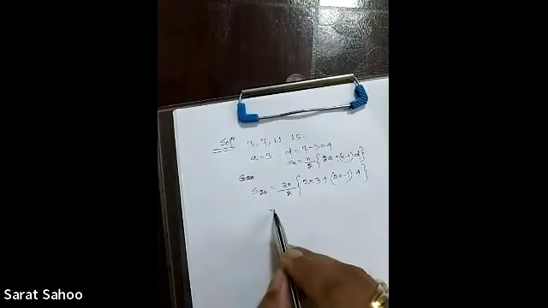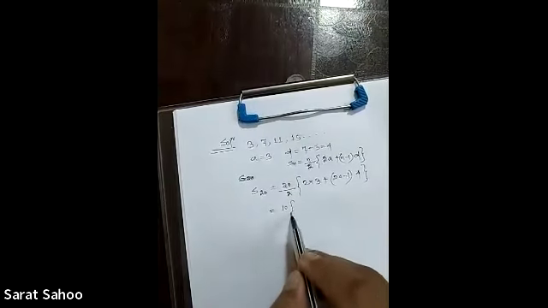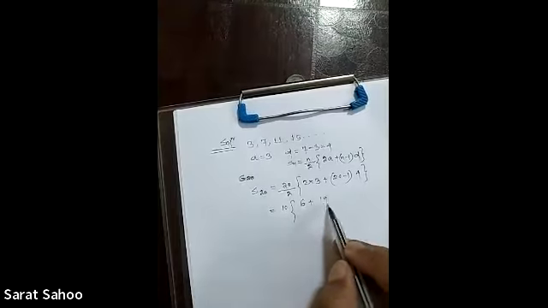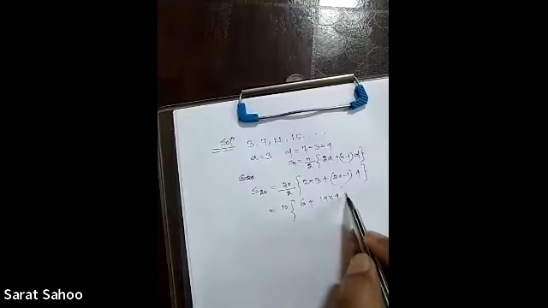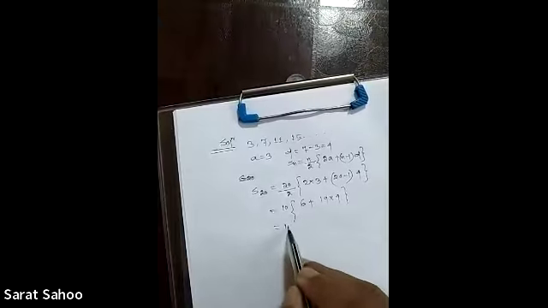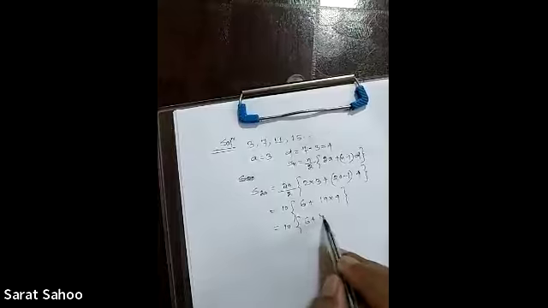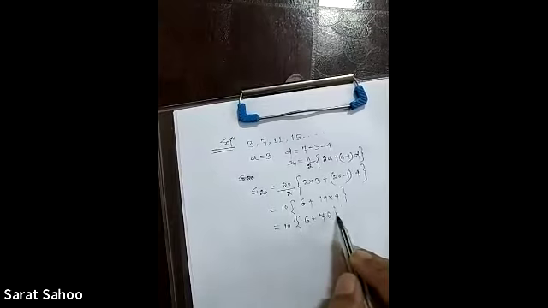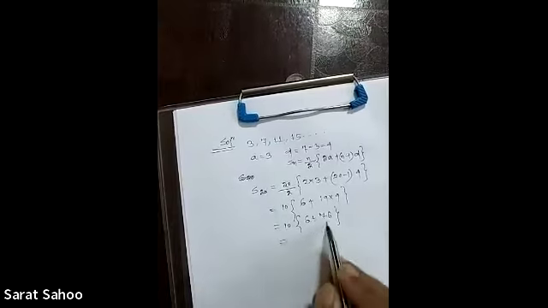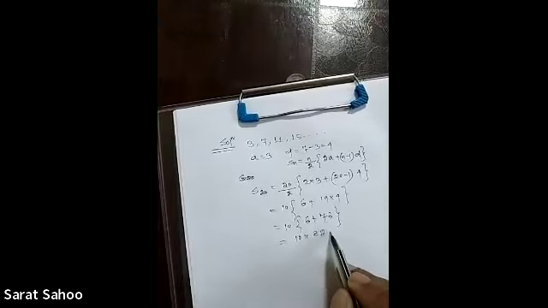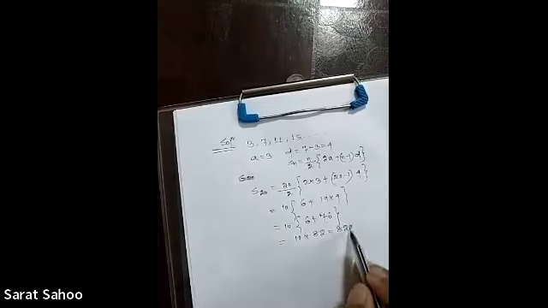This is equal to 20 by 2 is 10. 2 threes are 6. 19 into 4 is 76. 10 into (6 plus 76), 6 plus 76 is 82. 10 into 82 is equal to 820, which is the answer.